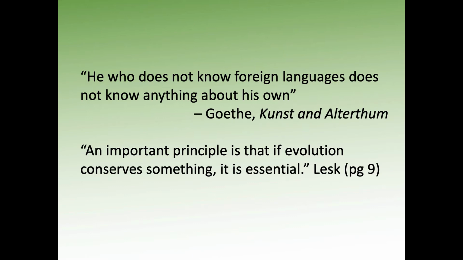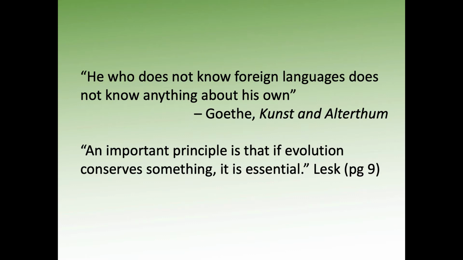Lesk, I think, has a nice way of summing this up too when we think about the field of comparative genomics, and this drives a lot of his discussion in the book. One of the most important principles is that if evolution conserves something, in other words, it stays the same among multiple species, then that thing is probably essential, right? Because if it were to acquire a mutation and lose function or change, that would very much change the organism, and it might no longer be viable.